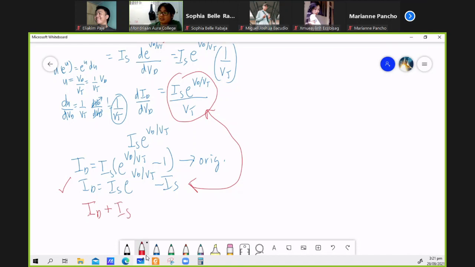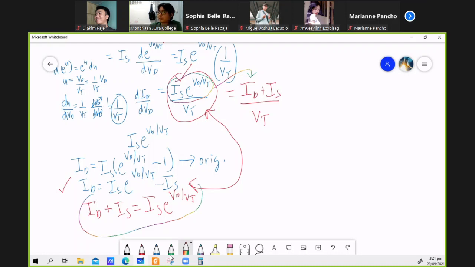This is equal to IS E raised to VD over VT. So, kamukha na siya ngayon nitong nasa taas. Meron lang over VT. So, we can further replace this one with this. So, this is ID plus I sub S over VT. Itong nasa taas, ni-replace natin yan, naging ganito siya, galing dito sa baba.